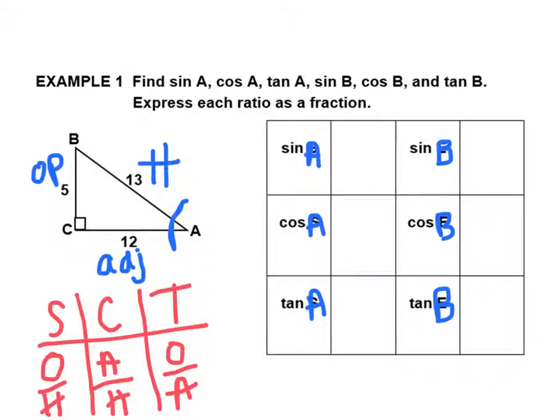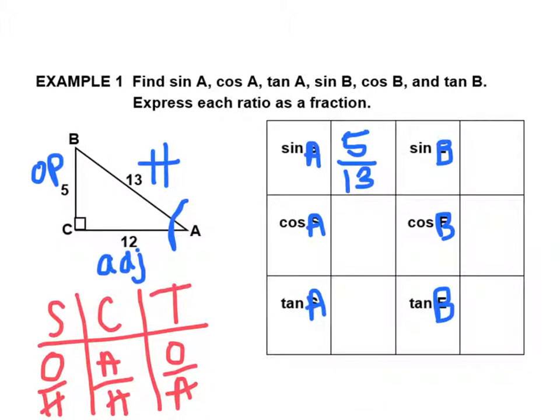So we see that sine is the ratio of opposite over hypotenuse. So our sine value would be our opposite, which in this case is 5, over our hypotenuse, which in this triangle is 13. Our cosine is the adjacent over the hypotenuse, and we see that right here.